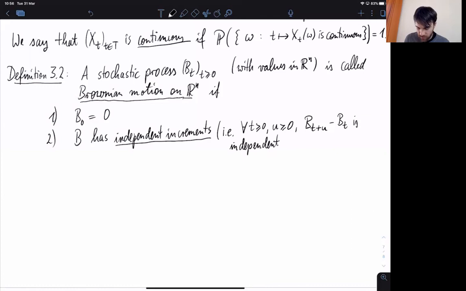In the sense of Brownian motion, t will always be thought of as a time. So in some sense you restart the Brownian motion. It's independent of B_s for s smaller than t.